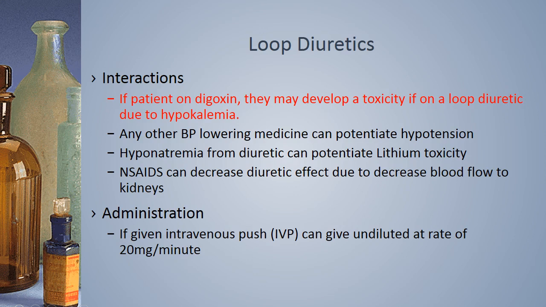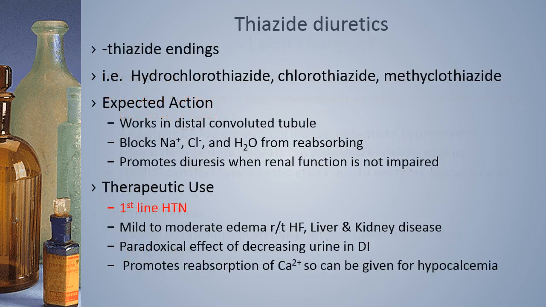Those are symptoms of digoxin toxicity, and things to be alert for when your patient is on a loop diuretic. Remember that any medicine that can lower your blood pressure is going to potentiate hypotension. That's just general. Hyponatremia from the diuretic can potentiate lithium toxicity, and NSAIDs can decrease your diuretic effect due to decreased blood flow to the kidneys.